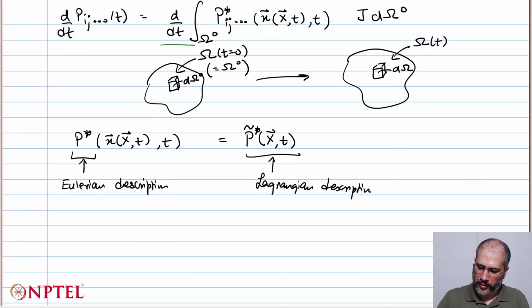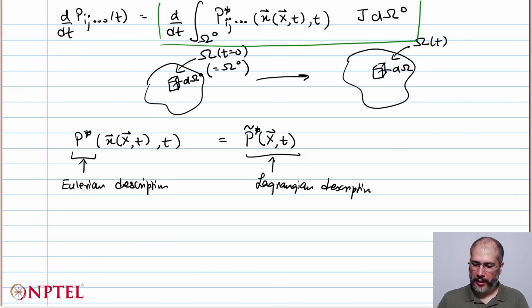So now that this integral is written over omega naught, we can move the material derivative inside the integral, because this integral or sum is happening over elements which are not a function of time. So basically our d omega naught is not a function of time.